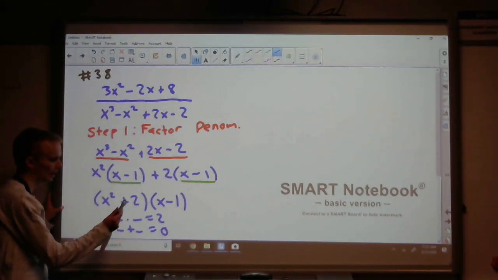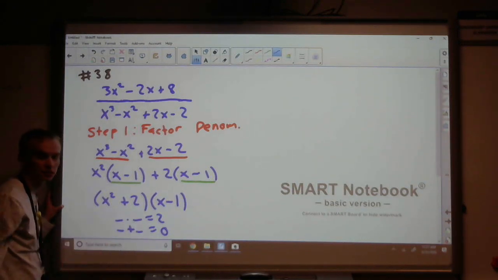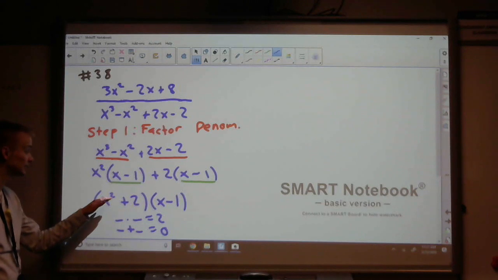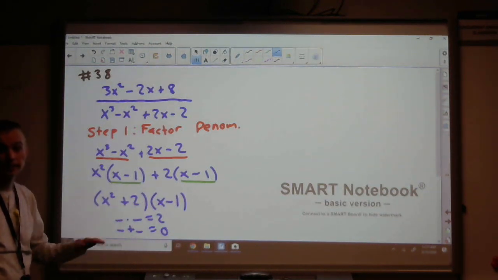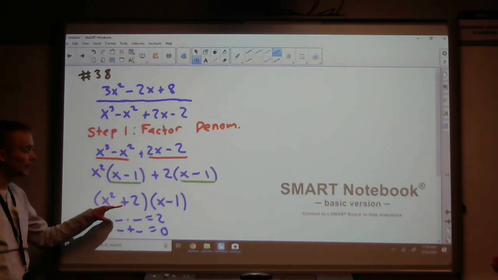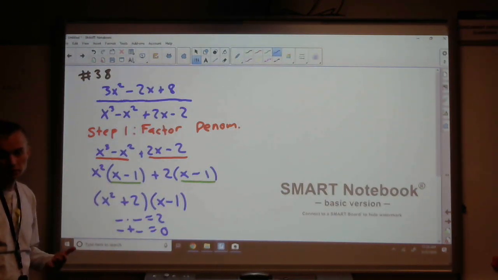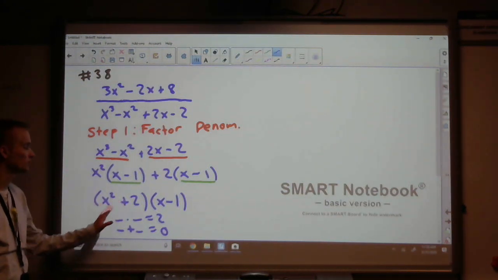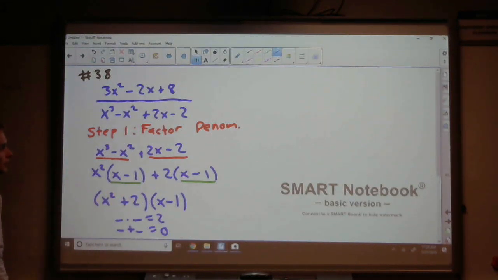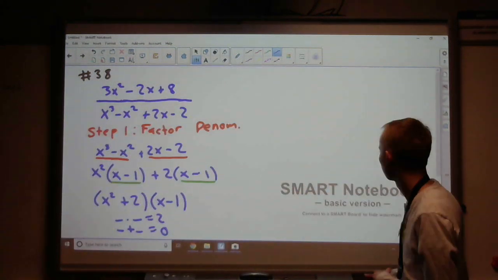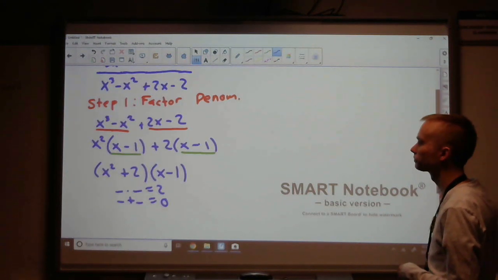I guess you could do negative 1 and negative 2, but still you're not going to get 0. So this doesn't factor. So this is as factored as it can get, okay? I mean, it does factor if you use complex numbers, but we don't really want to do that, okay? So we're just going to leave it like this, x squared plus 2, okay? So we factored the denominator, and that maybe was probably what was throwing us off a little bit, okay?